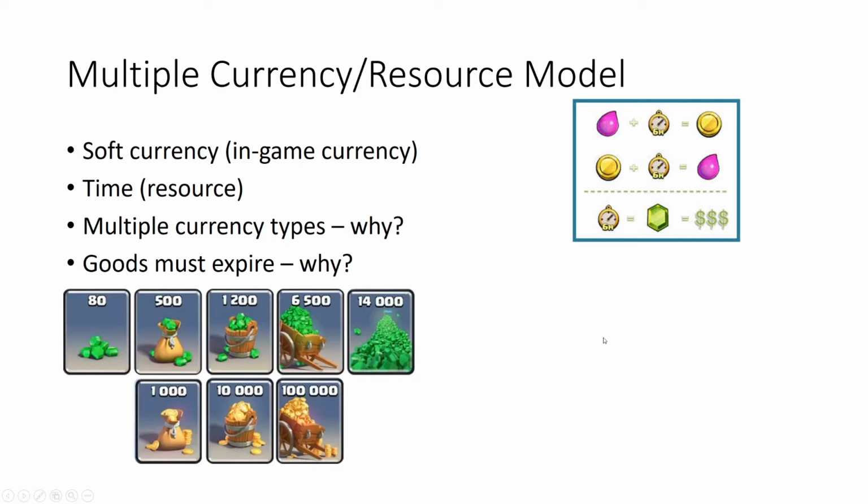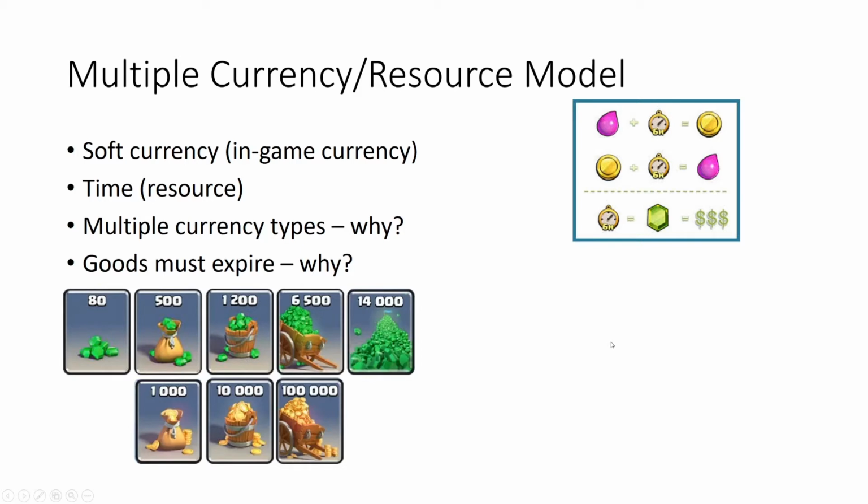But the gems may be the finite resource, which, for example, might be based off rarity. So there's nothing I can really do to generate that, but I still need that resource in order to build the higher level items. So you often see that as a way of controlling the economy.